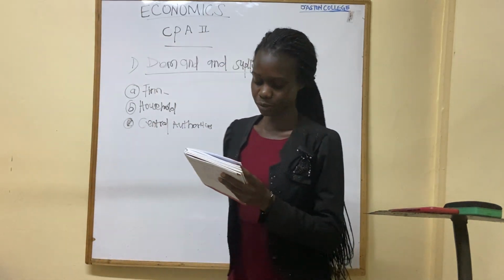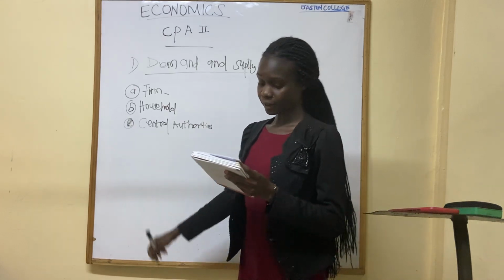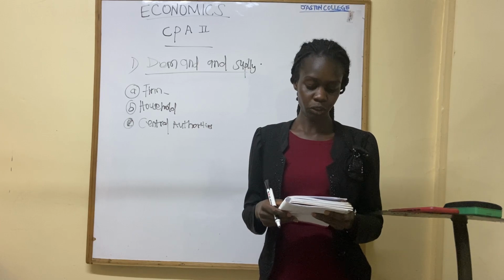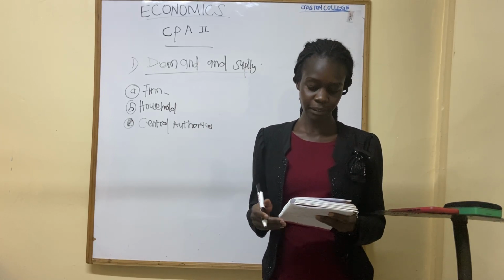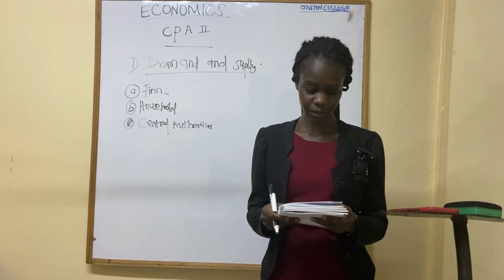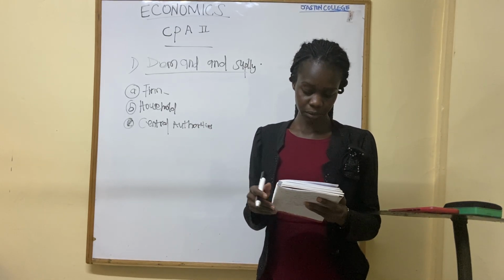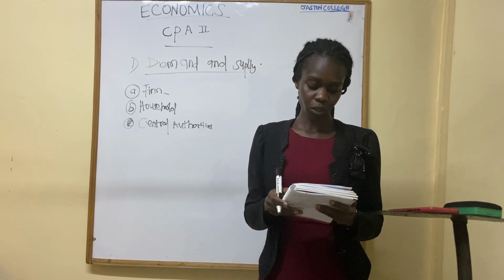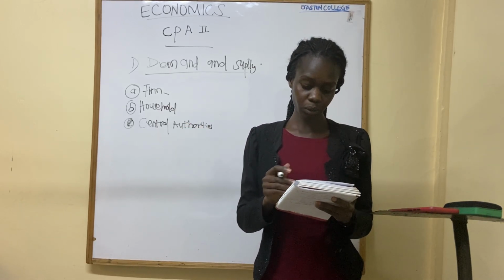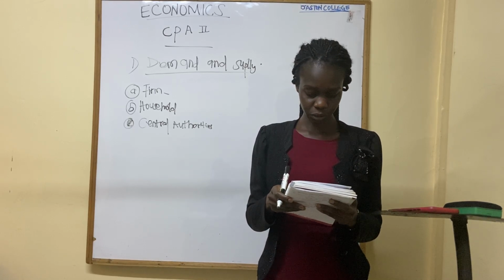So we are going to start with the meaning of a farm. A farm basically is a unit that uses factors of production to produce commodities, then sells them to other farms or central authorities. The second one is household, the definition is all people who live under a roof and join to make financial decisions.